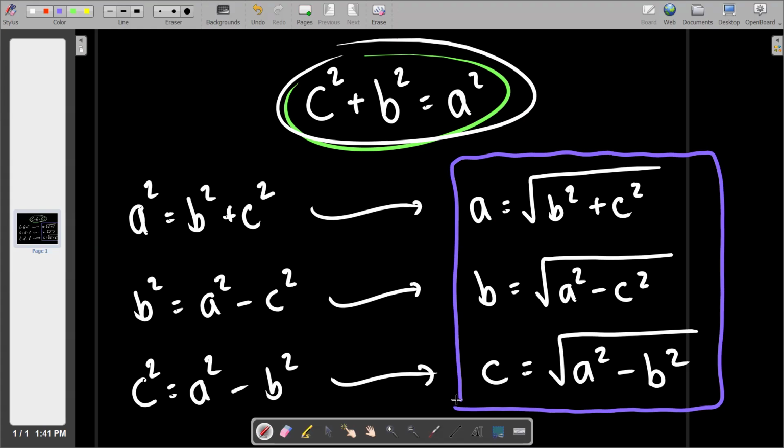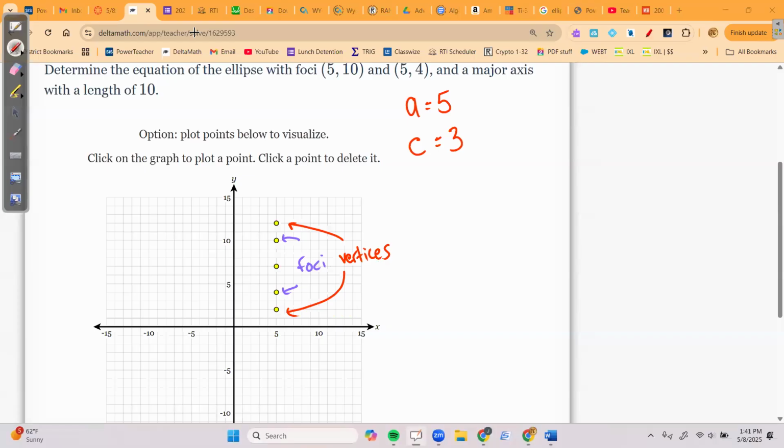So back to our problem, we know A and we know C, but we don't know B. So B is equal to the square root of A squared minus C squared.